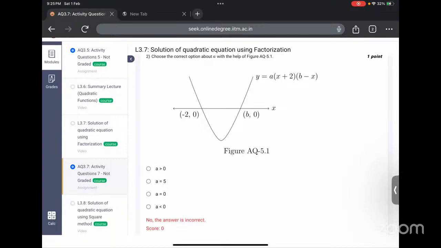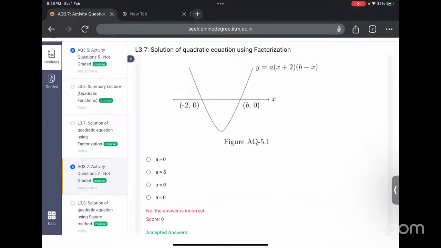In the picture, the parabola is in the upward direction. That means the coefficient of x squared should be positive, and the coefficient of x squared is minus a. That means minus a should be positive, so a should be negative. Ma'am, where is minus a? Okay, I got it now.